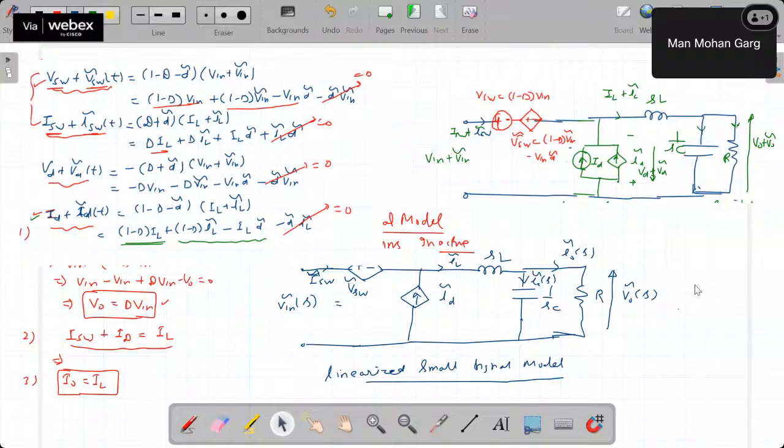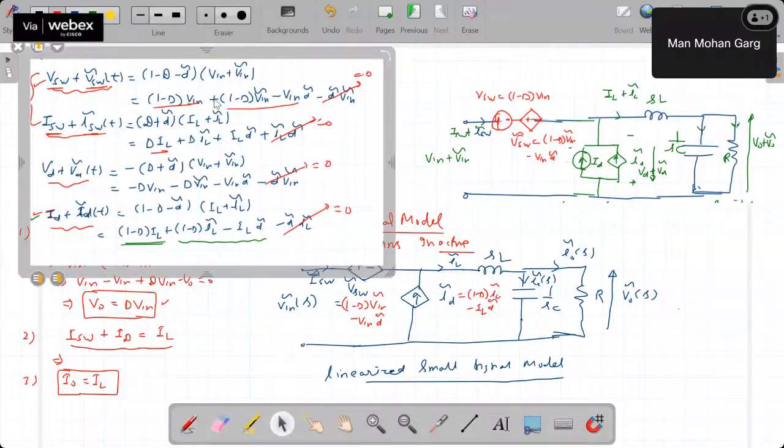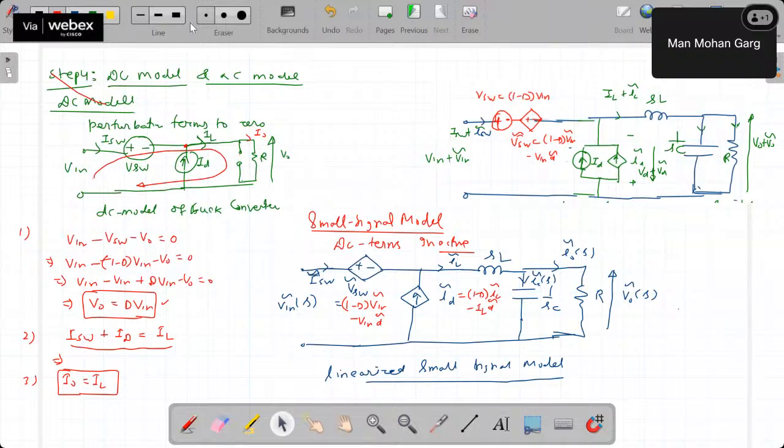So this VSW is 1 minus D V in cap minus V in D cap, and this ID is 1 minus D IL cap minus IL D cap. Okay, so these are the two things we needed here. We can delete it now.